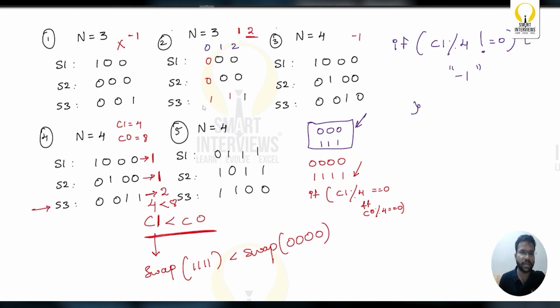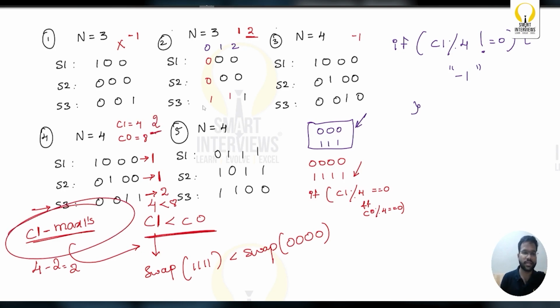So can I simply get the minimum number of operations as C1 minus maximum ones? Only if it is falling under this case. It's 4 minus 2, which is 2. So 2 will be the output for this. We'll understand this logic once you do it on this.